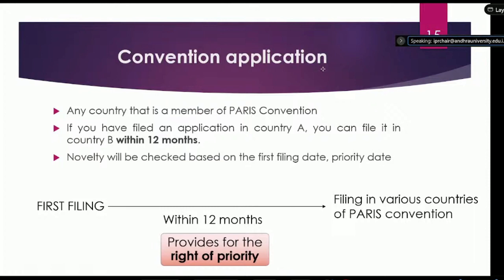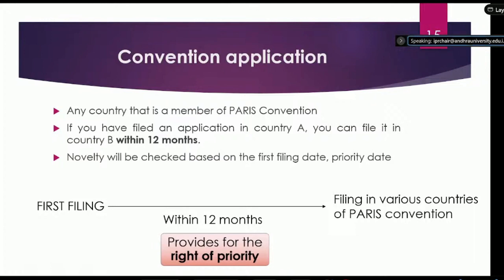Okay, so we will go to the next term, that is called convention application. Any country that is a member of the Paris Convention will be called a convention country. If you have filed one application in country A, that is a convention country, you can file it in country B, that is again another convention country, within 12 months. So this 12 months of window time is very important in the Patent Act.